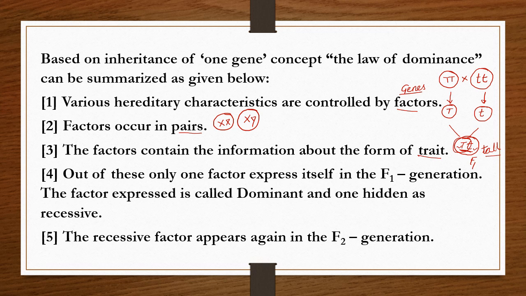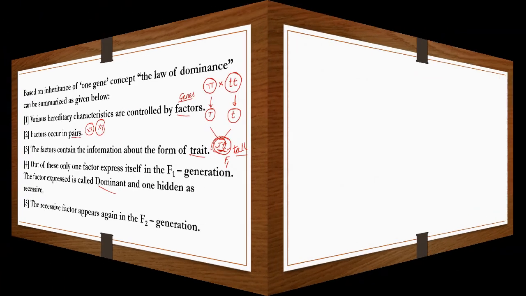The character which is expressed in the F1 generation is called dominant, and which is hidden is called recessive, and this recessive factor again reappears in the F2 generation. So here it is all about the representation of dominance by using a monohybrid cross.